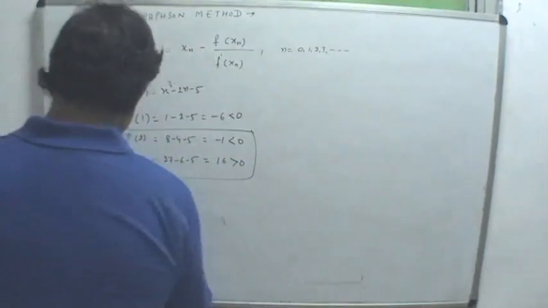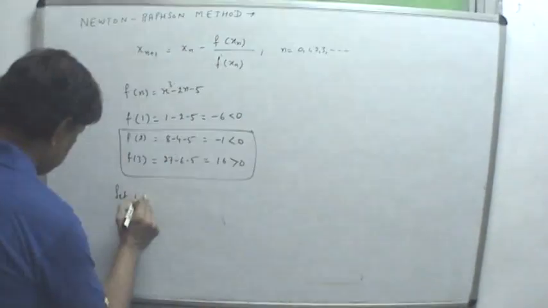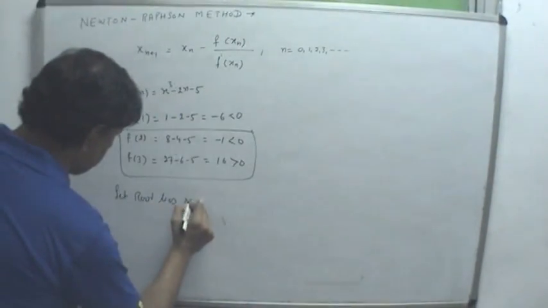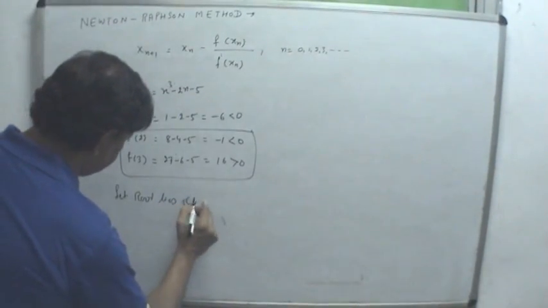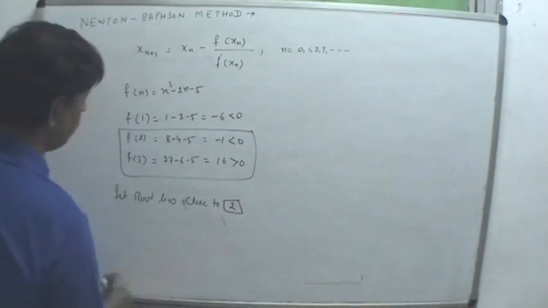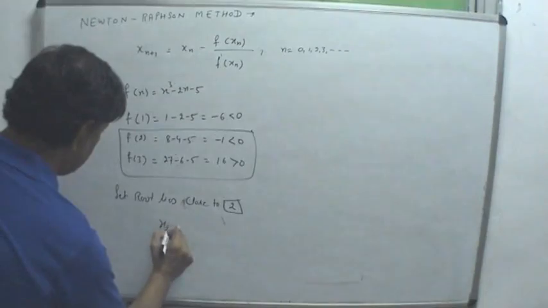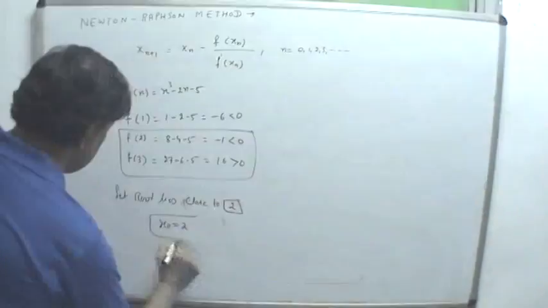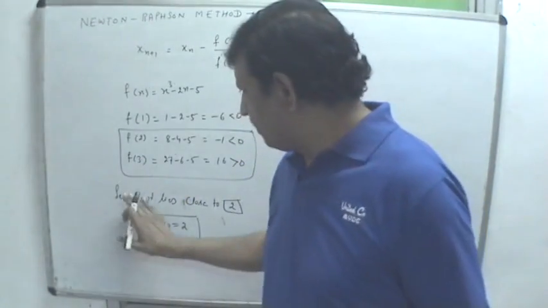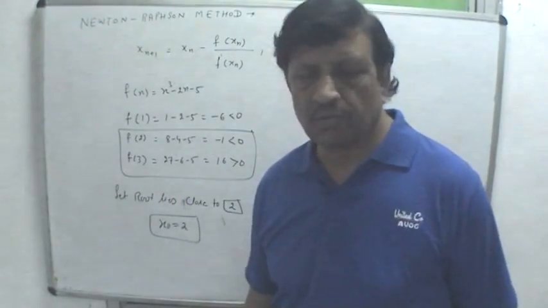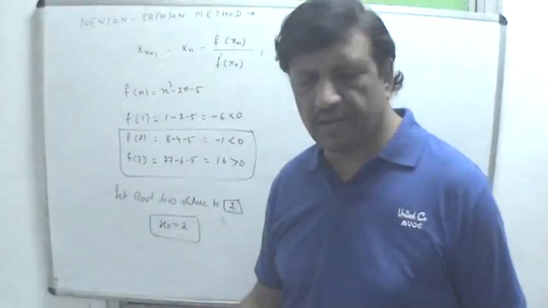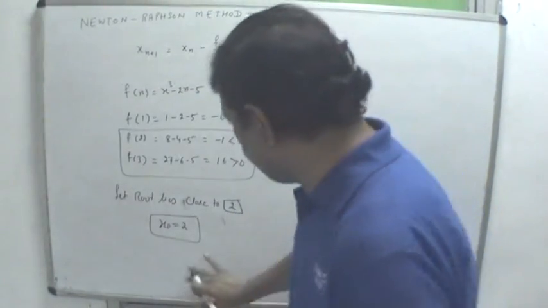Let us say the root lies close to 2. Here we select only one value, and this value is x0 is equal to 2. If we take 3, that's also not wrong. There will be some difference in the calculations, but the objective is again the same.